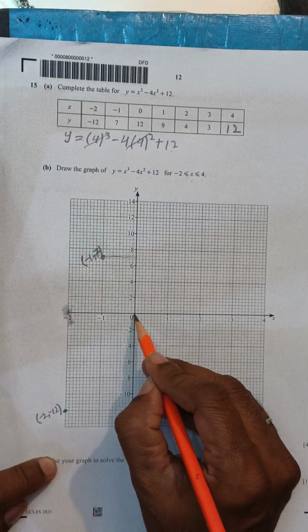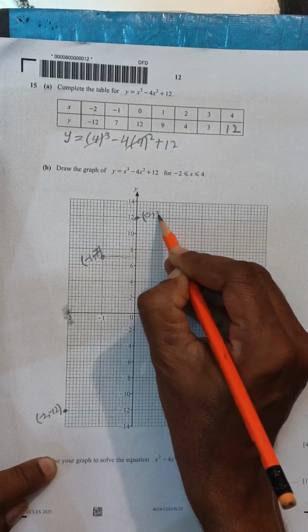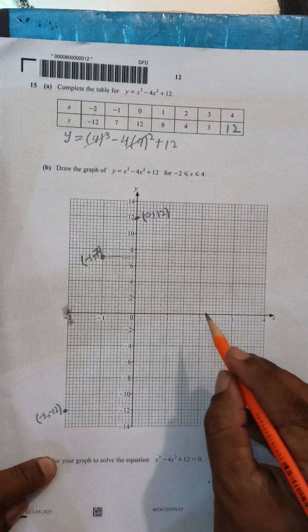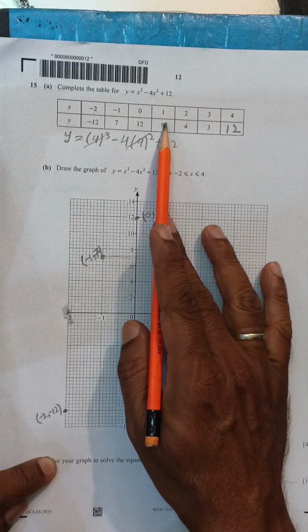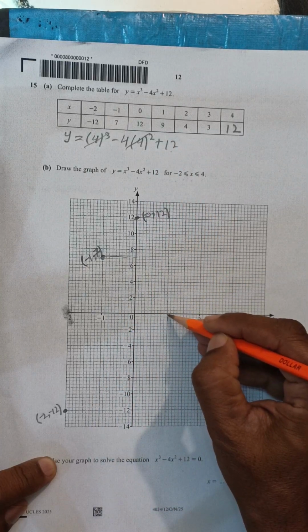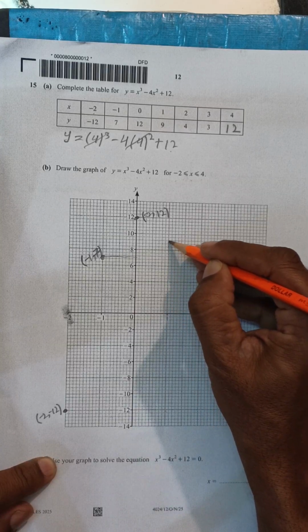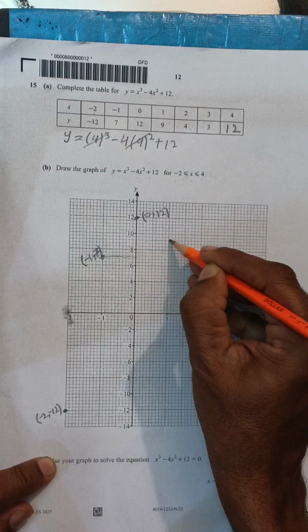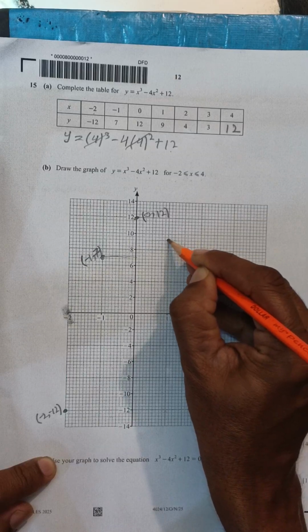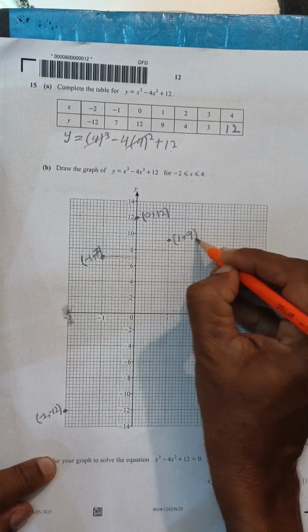Where is the 0? 0 on x is here, and y is 12. So move above, so this value is 0 and 12. Next is 1 and 9. Where is 1 and 9? I think here, in the middle of this one. So this is 1 and 9.